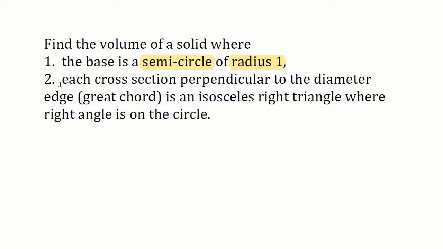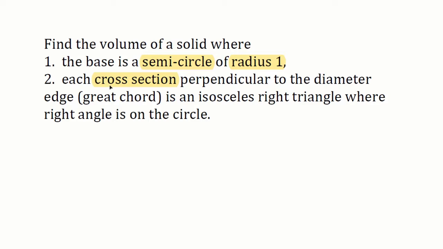All right, and then after understanding the picture of the base region, we move on to the description of each slice or each stripe. So each cross section, and again from the understanding that we've got out of the general discussion lecture, a cross section comes out from each stripe throughout the base region. Here we draw stripes that are perpendicular to some axis, and in the end those stripes are parallel to each other.